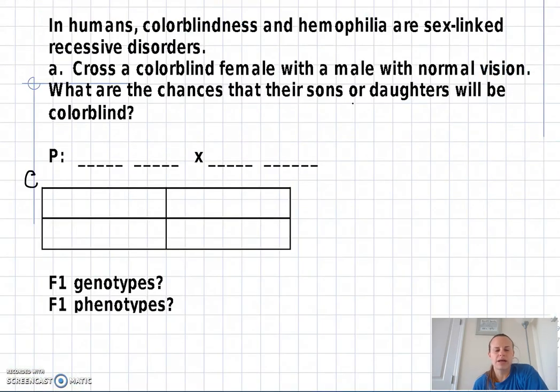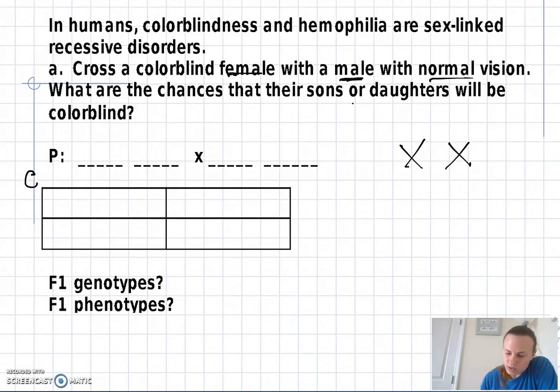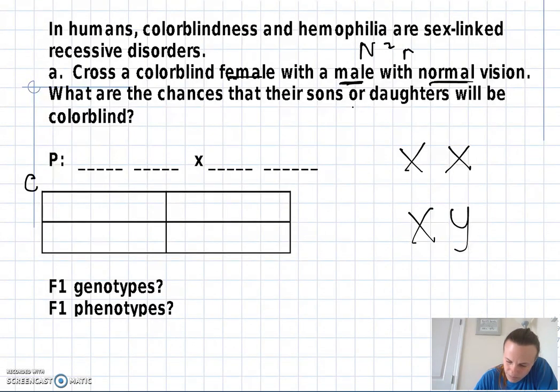So let's try a practice problem. It says, in humans, colorblindness and hemophilia are sex-linked recessive disorders. Cross a colorblind female with a male that has normal vision. So here's our male. I'm going to use the capital N for normal, and lowercase n for colorblind.